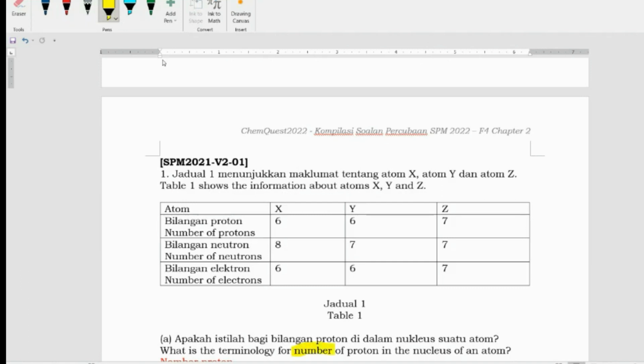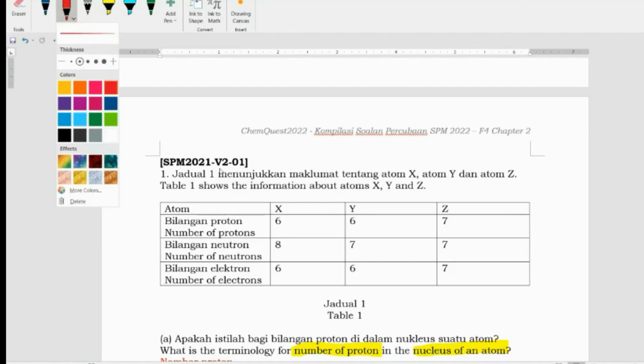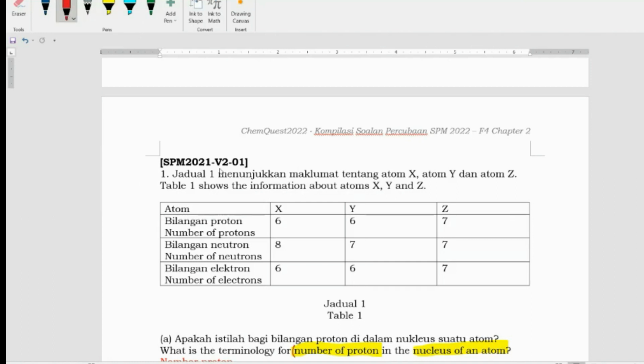Sebenarnya boleh cari dari jawapan di sini. Dia sangat senang untuk soalan ini. Number of protons in the nucleus. Ada jawapan di dalam sini. What is the terms to show the protons?